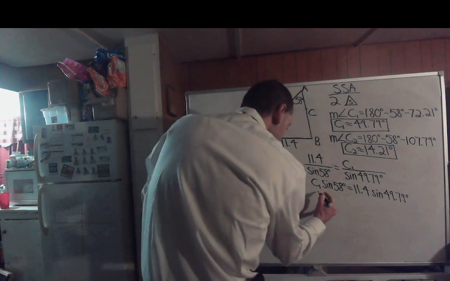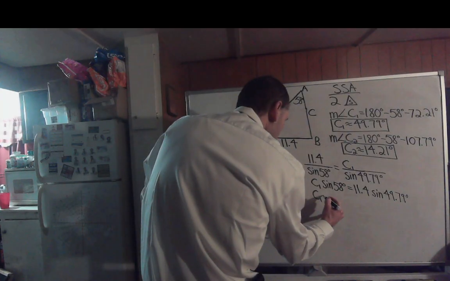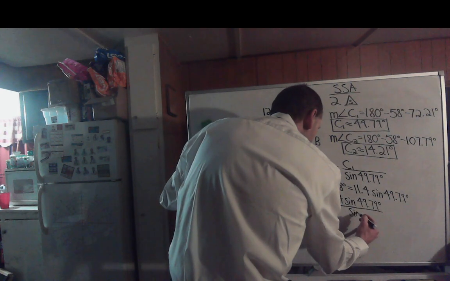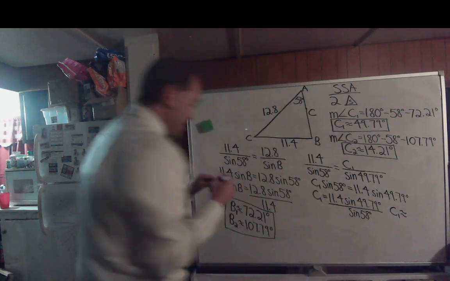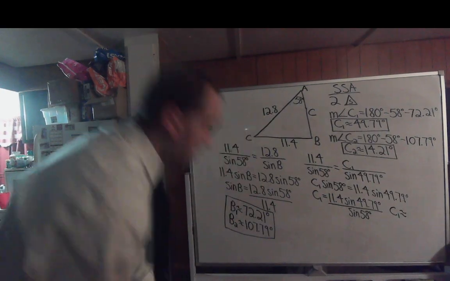And then C1 equals exactly 11.4 times the sine of 49.79 degrees, all over the sine of 58 degrees, which now we should be able to get a 2 decimal place approximation for the first possibility for side C.